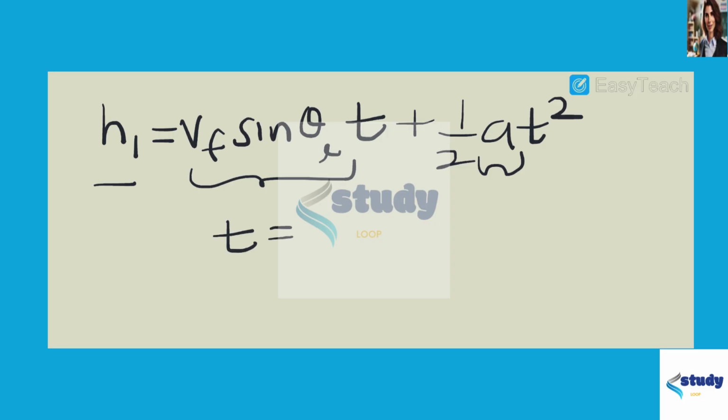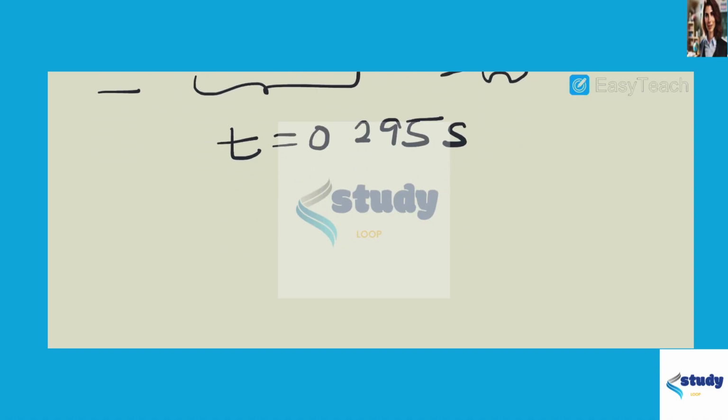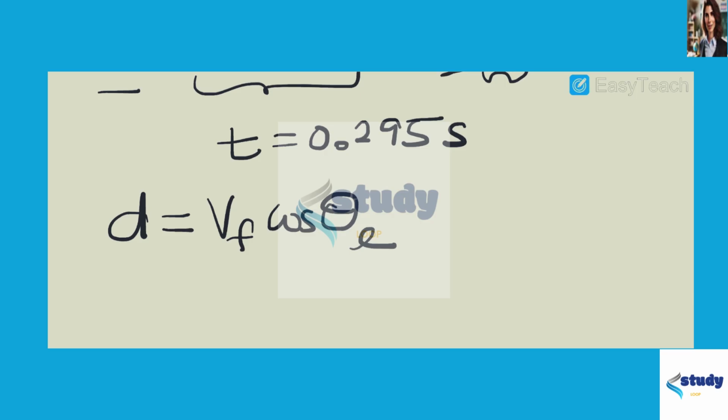We can solve for t, and we see that that is 0.295 seconds. Now we can simply use kinematic convention: in unrestricted free motion through gravity, the horizontal velocity will be constant. So we can solve for a distance d from the point of contact to the ground, and that's going to be vf cosine theta L times t, which we find to be 2.42 feet.